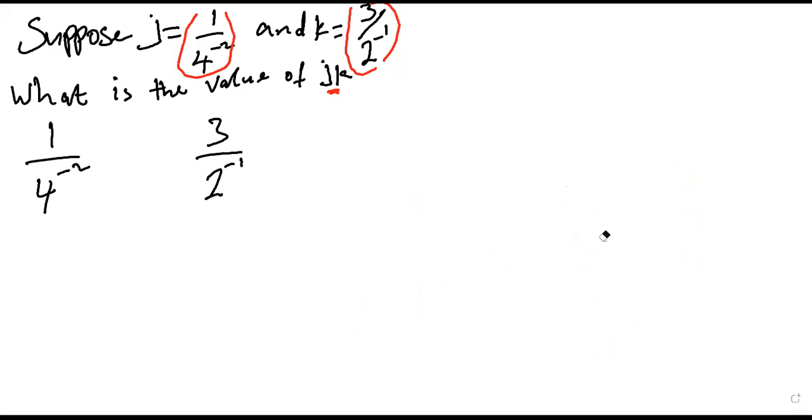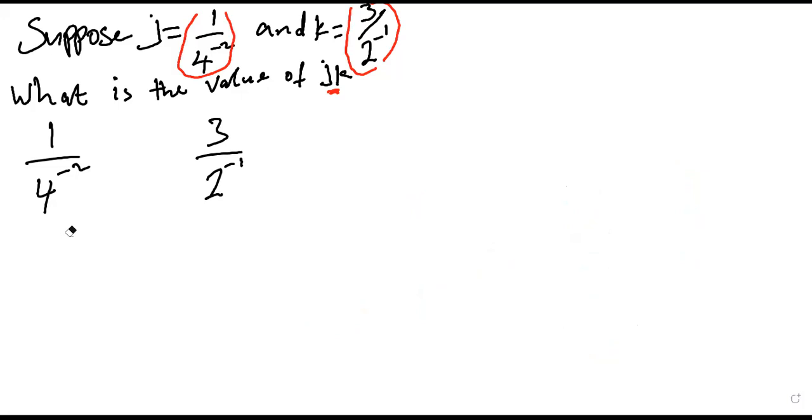Okay, now we have these guys right here. So we have 1 all over 4 to the negative power 2. So automatically we're going to say, oh no, I don't want to use the red pen. Use a black pen.